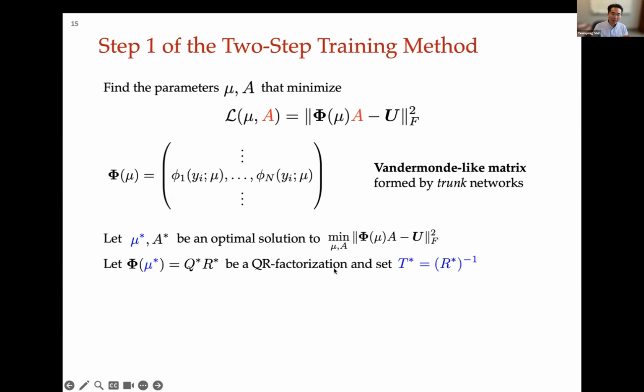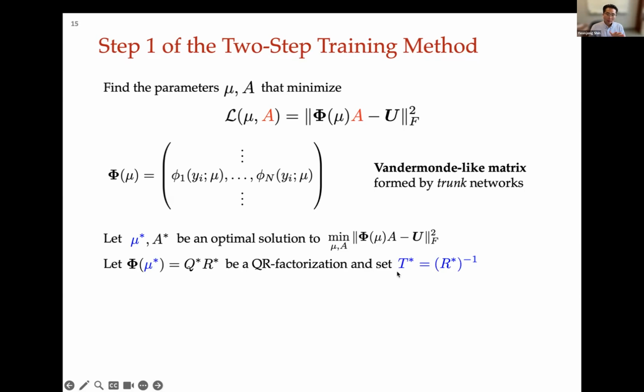The way we decide T is that we apply QR factorization on this Vandermonde-like matrix formed by the trunk network, and then set T star as R star inverse, obtained from the QR factorization.